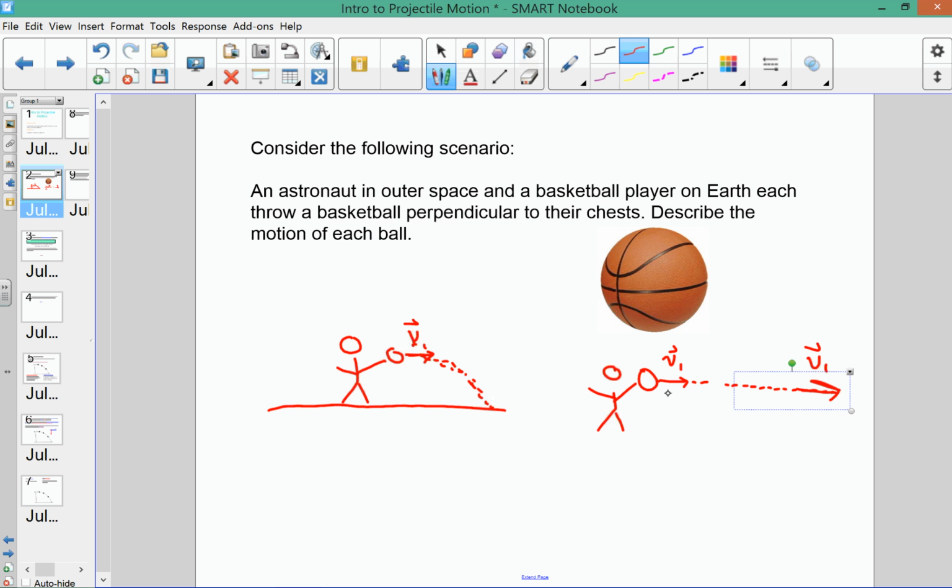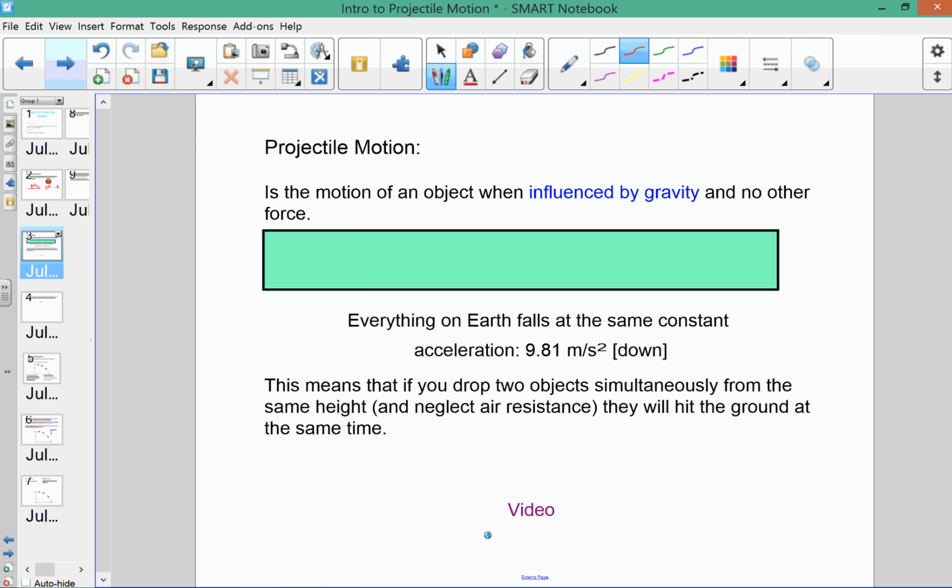So in this case, the basketball's trajectory is a perfectly straight line with a constant velocity. Our basketball over here, however, eventually falls to the ground and accelerates, but only in the downward direction. So our first definition is for projectile motion: it's the motion of an object when influenced by gravity and no other force.